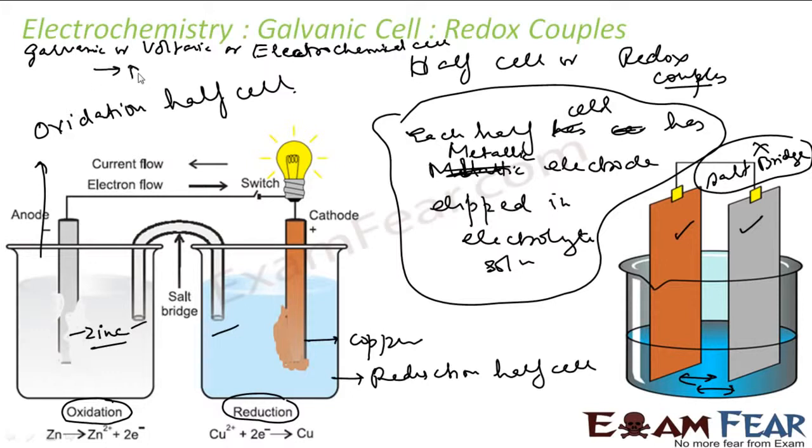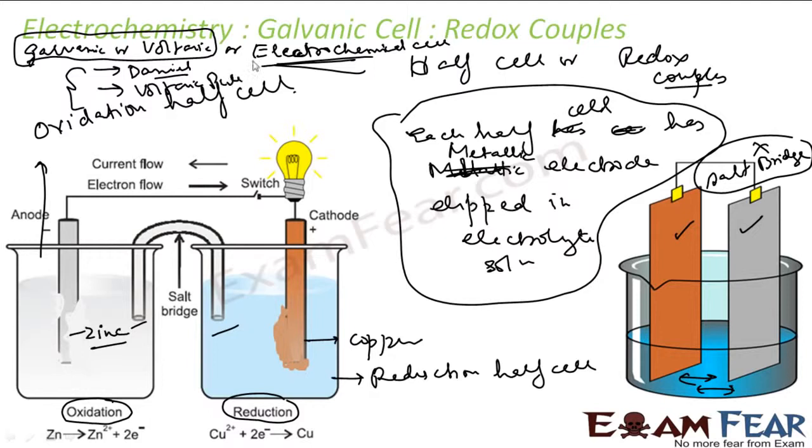Now if we talk about the types, the Daniell cell is one type of galvanic cell. Similarly, there are so many types in the market. There are different implementations of the same concept of electrochemical cells. Don't get confused, because galvanic and voltaic are just names given to this electrochemical cell. In fact, the voltaic pile is also one example of this electrochemical cell.